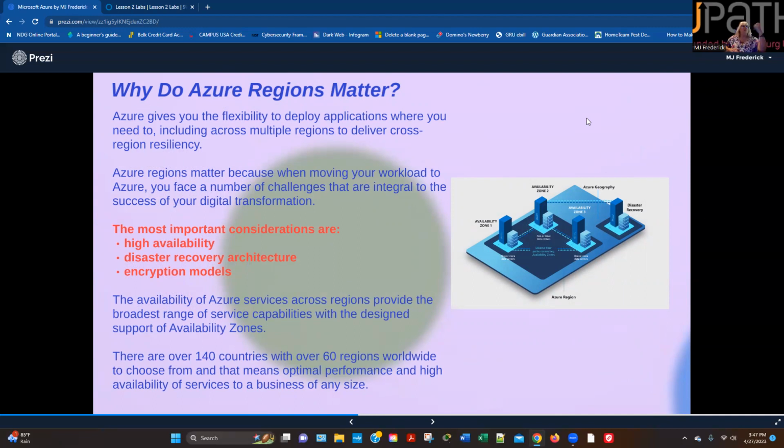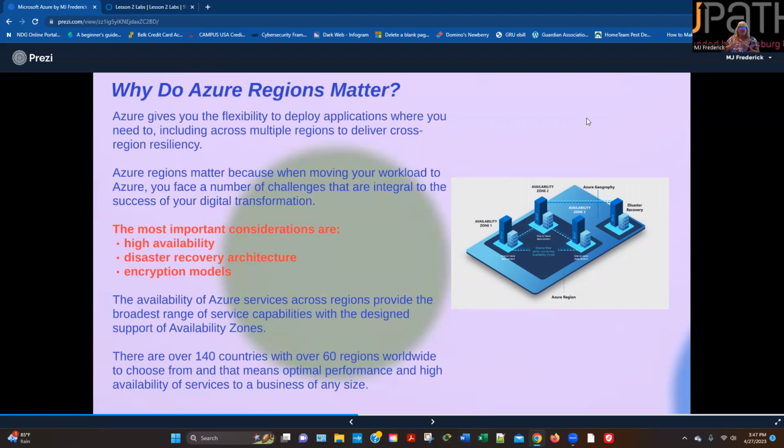Santa Fe's Azure, University of Florida's Azure. I don't know about Harrisburg University, but we moved everything to Azure. Right, so you need to make sure you have that availability in those regions. So the point being is the most important considerations are high availability, disaster recovery, and encryption, security.